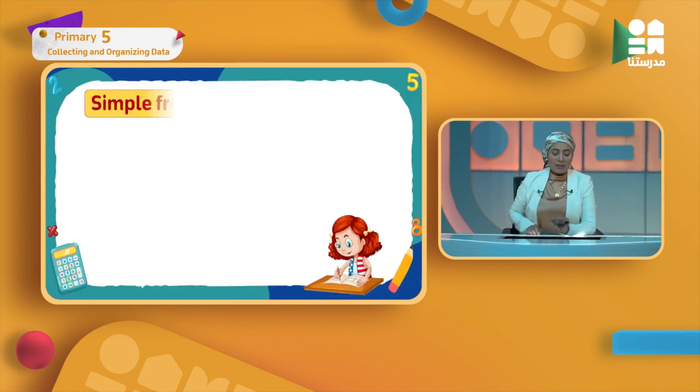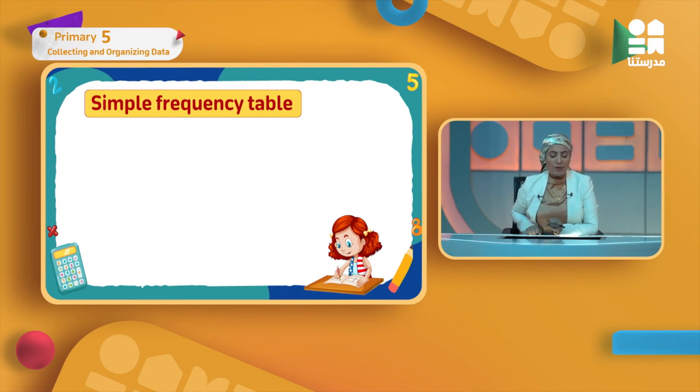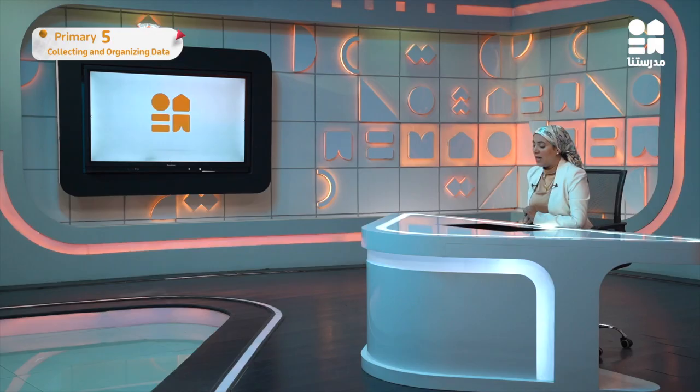Okay, now let's go to the board and check the simple frequency table and how it is constructed. We'll start first with the simple frequency table, and later on we will take the cumulative frequency table.